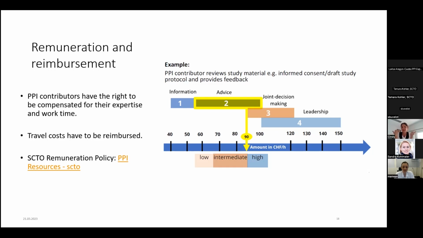So for example, if you plan to engage a contributor to give you advice on study documents, and this PPI contributor has an intermediate to high level of expertise, then you can imagine that you can pay this contributor 90 francs per hour. This is just an example to show you how it can be modulated according to those two levels, the expertise and the level of engagement. But for sure, those amounts have to be adapted according to the policy of your institution.